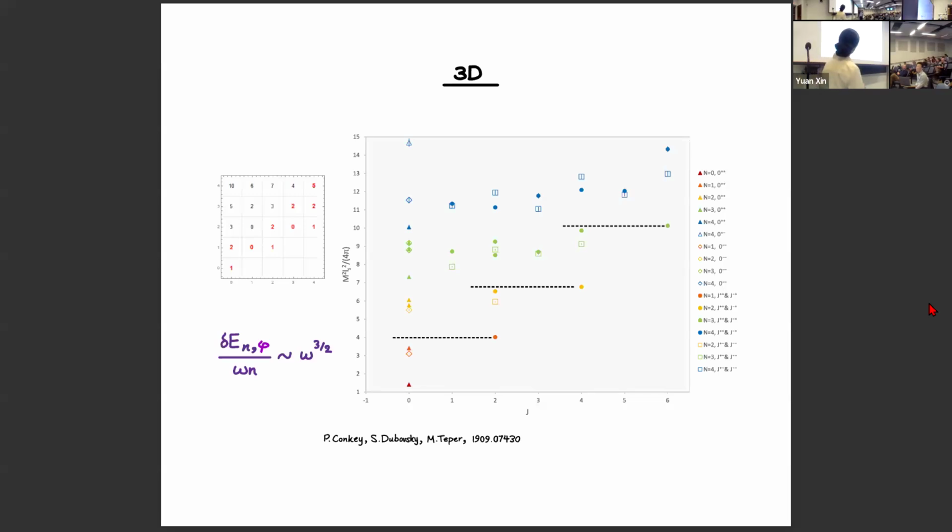So these are energy levels, and they are supposed to be horizontal. But when we look at the lattice data, we see that, for example, all of these pairs on even spin appear lower than this horizontal line.